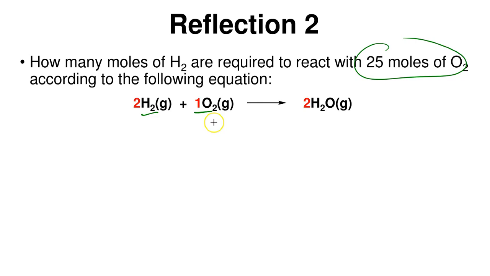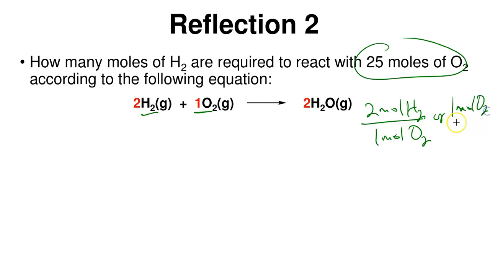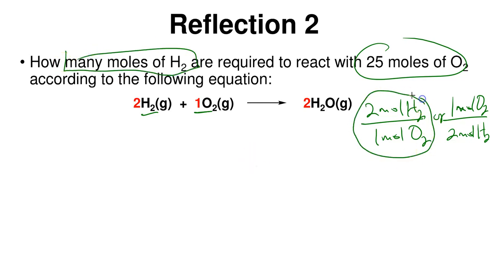You're going to have either 2 moles of hydrogen over 1 mole of oxygen, or 1 mole of oxygen over 2 moles of hydrogen. Those are the two conversion factors. What decides which one you use is what you're looking for: how many moles of hydrogen. So that means we're going to be using this one, with hydrogen on top.